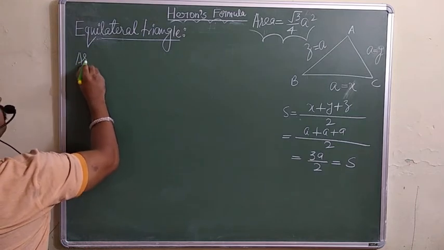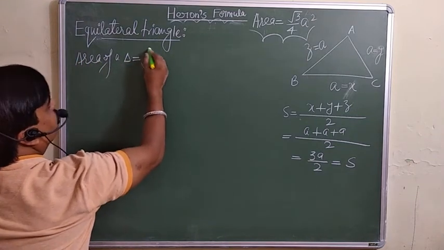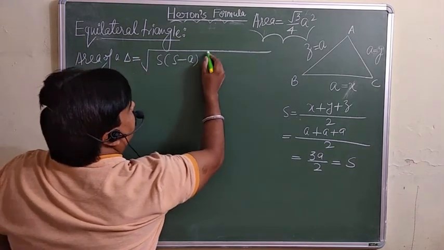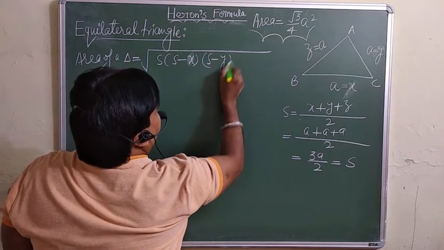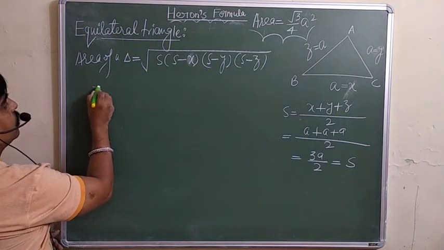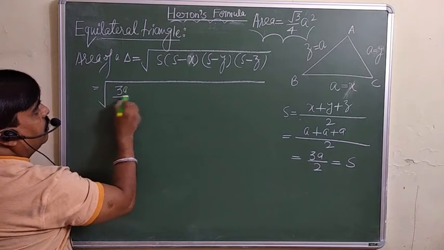Now just apply Heron's formula. So the area of a triangle is equal to under root S into S minus A, that is, we assume X, S minus Y, S minus Z. So here S is your 3A by 2.